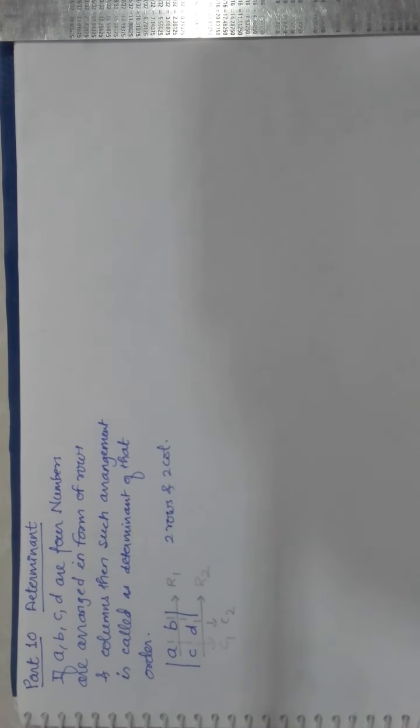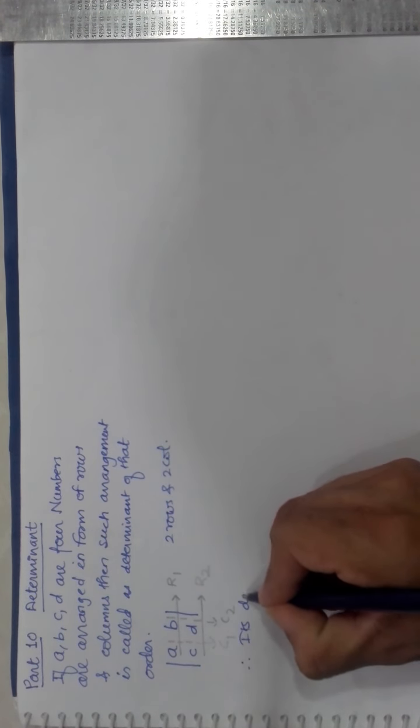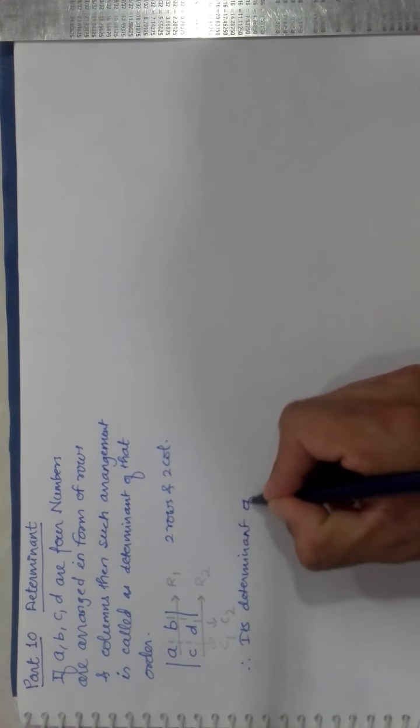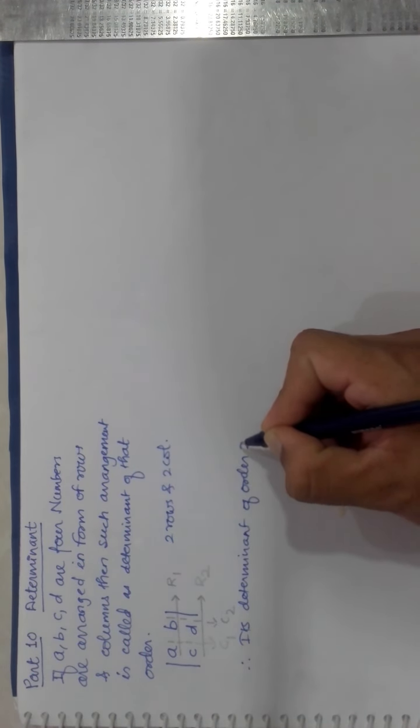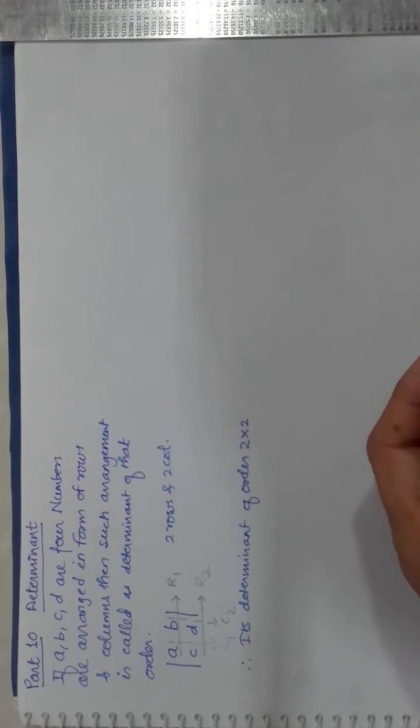Since this determinant has two rows and two columns, it is called a determinant of order 2. Therefore, it is a determinant of order 2 by 2. You can say it like this also. It is said as order 2 only, which is sufficient. But when you say order 2 by 2, it says that there are two rows and two columns.